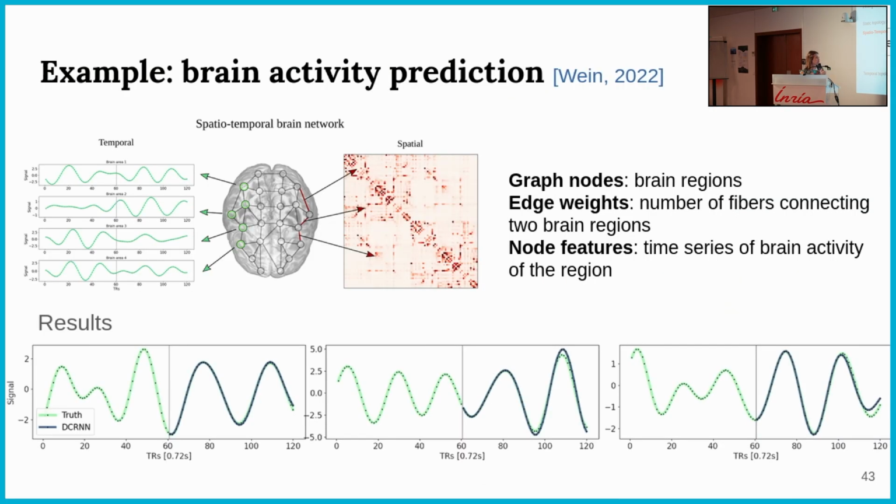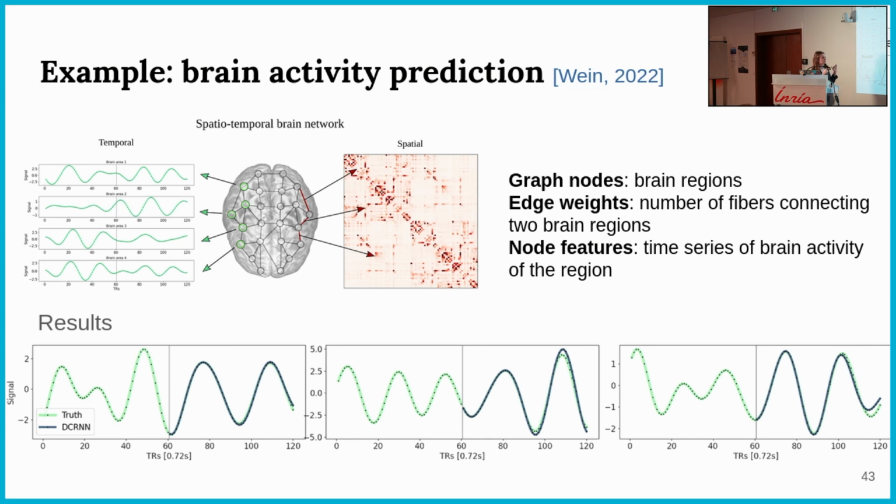Now I want to show you an example. In particular, I added the model, which is a spatial temporal model, to the graph neural network library. In this case, the graph is representing the brain, and the graph nodes are the brain regions.